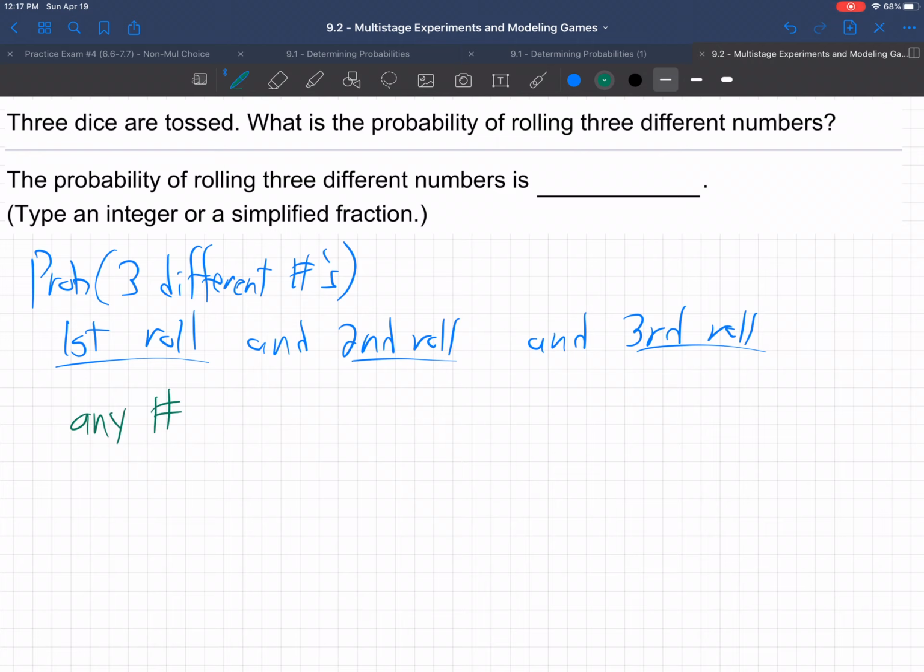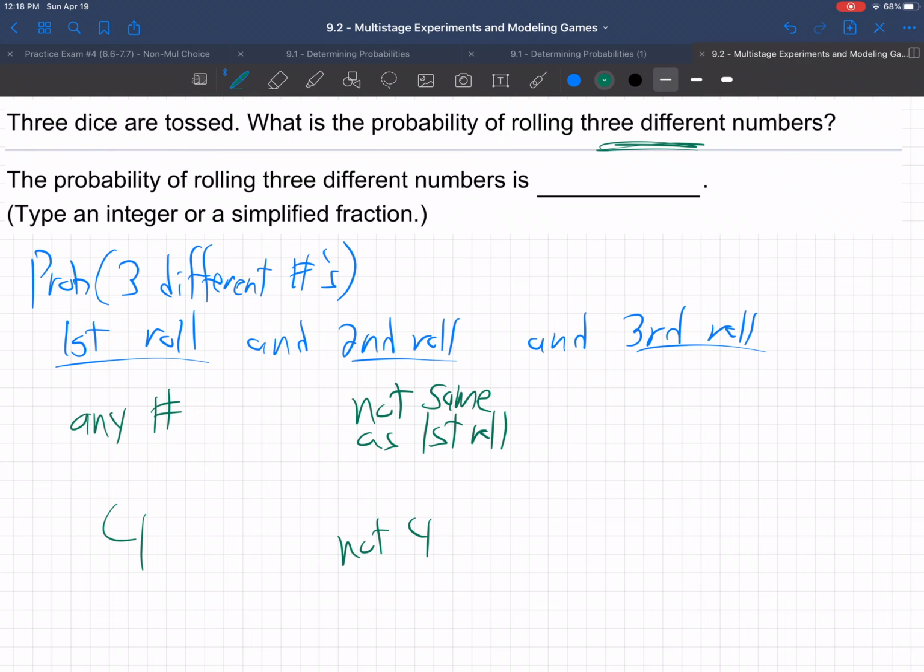And then on the second roll, so what if I rolled a 4 on the first roll? If I want to get three different numbers, what do I have to get on the second roll? Anything, just not a 4. Anything other than a 4. So not the same as the first roll.